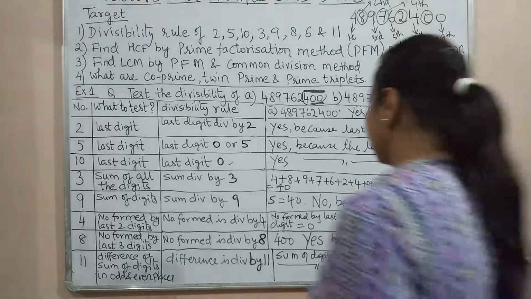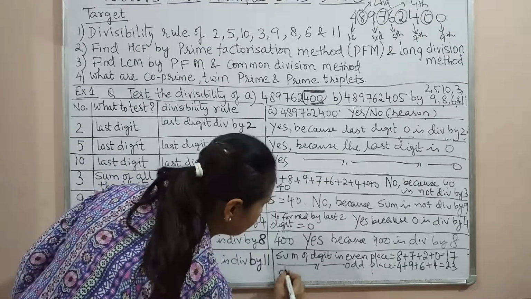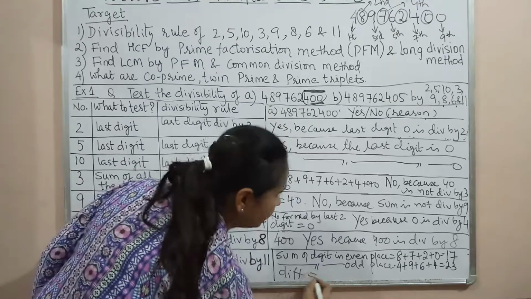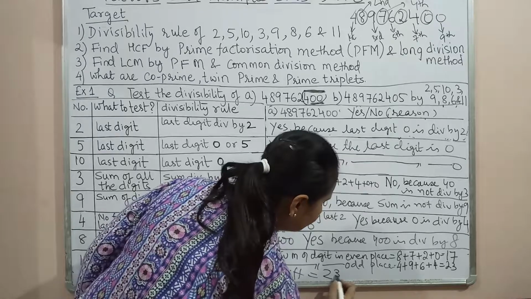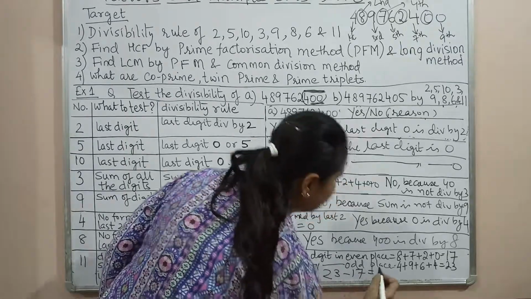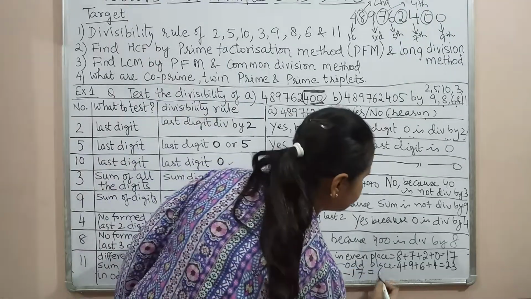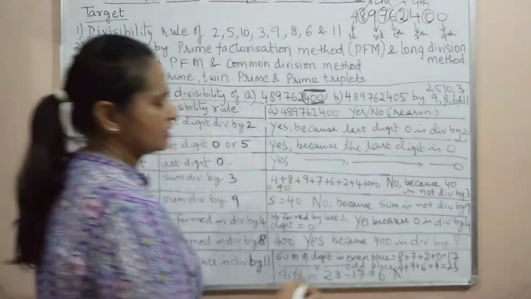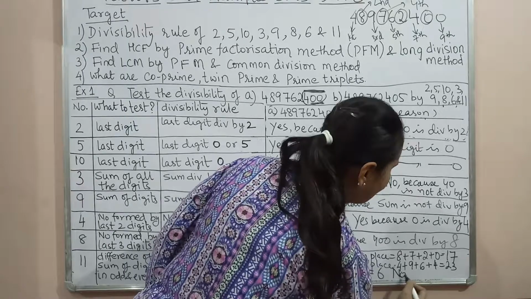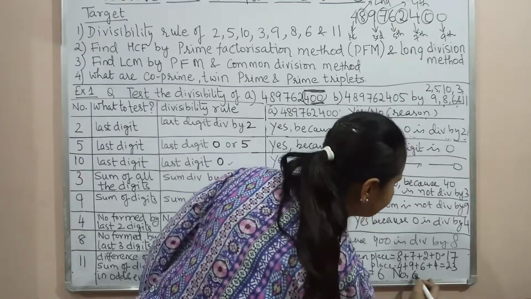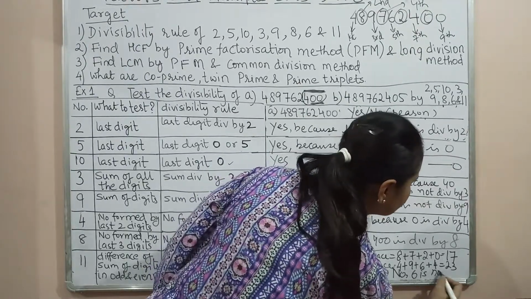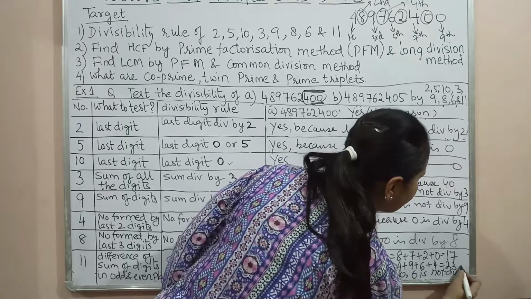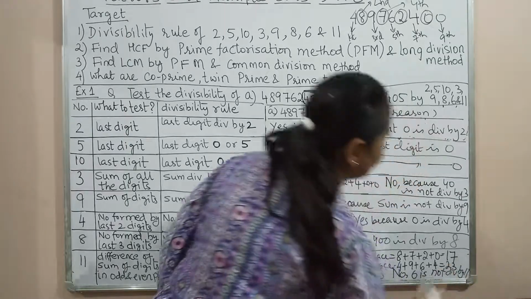Now what is the difference? The difference will be 23 minus 17, and it becomes 6. Now what is the result? The result is no. Why is it no? Because 6 is not divisible by 11.